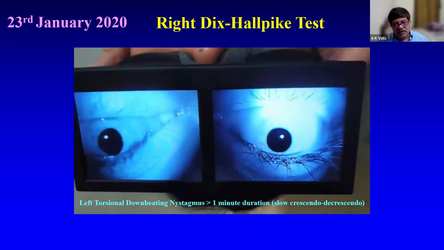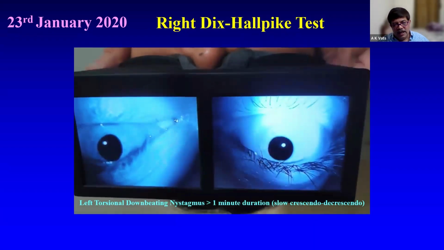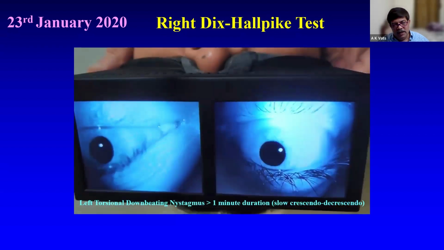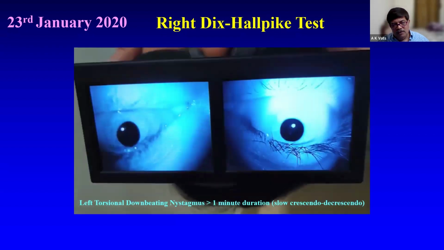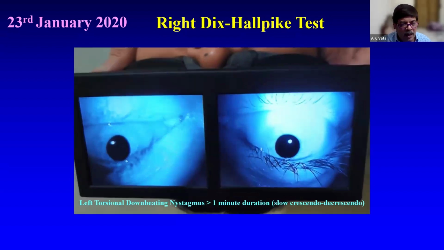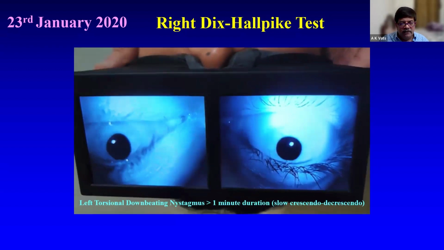So it was a persistent downbeating left torsional nystagmus, apogeotropic, because the quick component is beating away from the ground, from the upper pole of the eyes, and the torsional component, the upper poles of the eyes are beating towards her left.